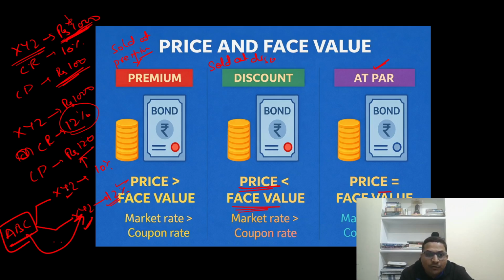But if he wants to buy this XYZ bond at a 10% interest rate, he will buy it at a discounted price. So in that case, the bond price becomes lower than your face value. Okay, it becomes lower than your face value.